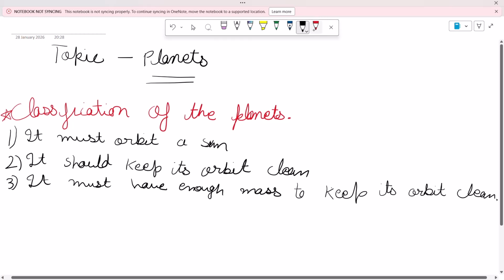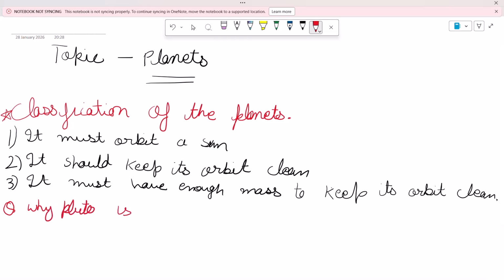So, one question arises from here: why is Pluto not considered a planet? Drop your answer in the comment section.